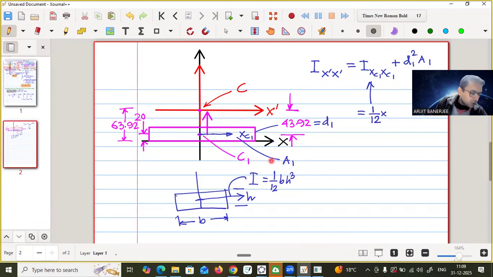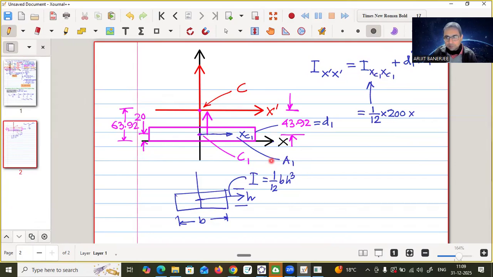So it was 200 into h cube. h means how much? 40. Exactly. So this is this. And plus d1 square. d means this one, 43.92. So 43.92 square multiplied by area. Area is how much? 8,000. Exactly.